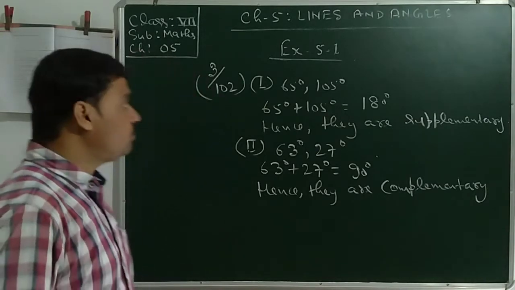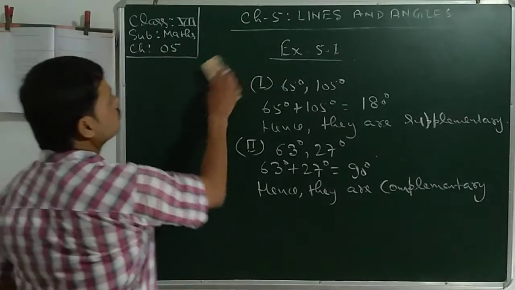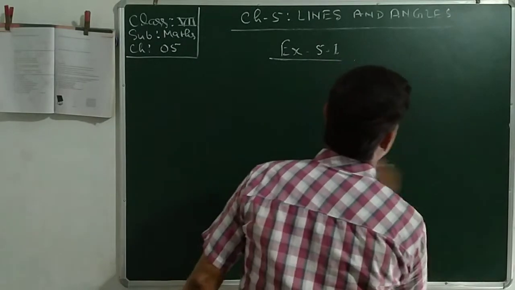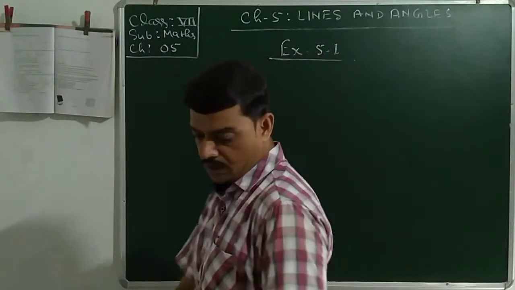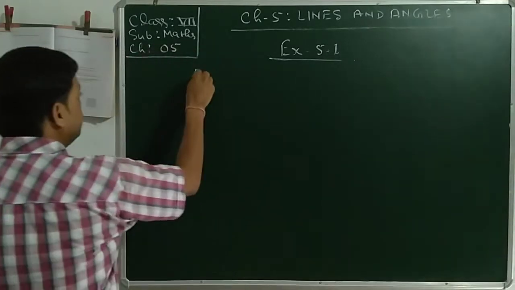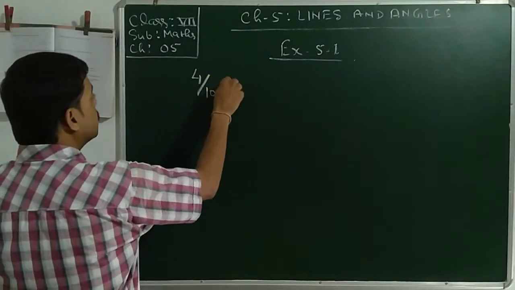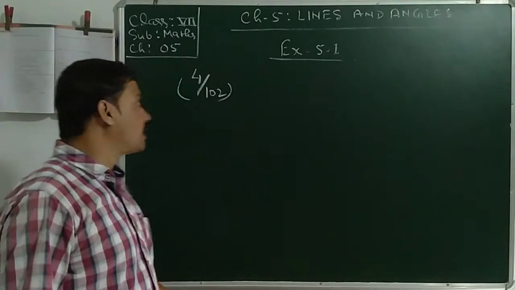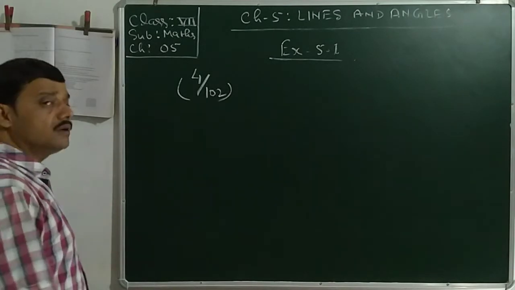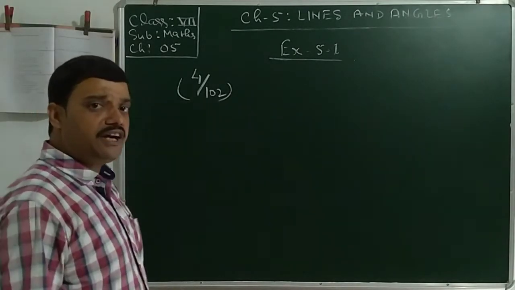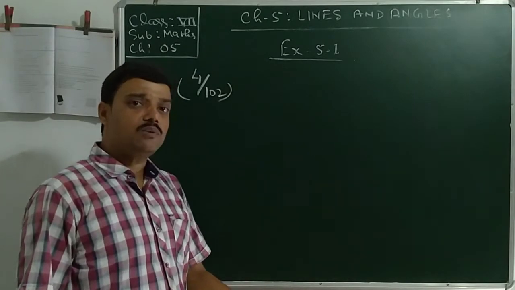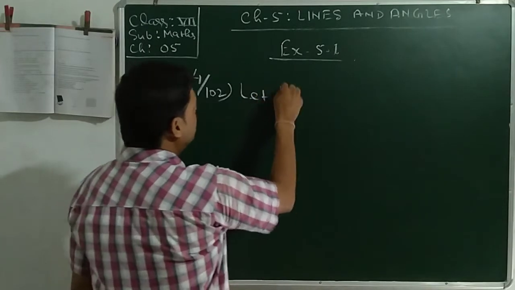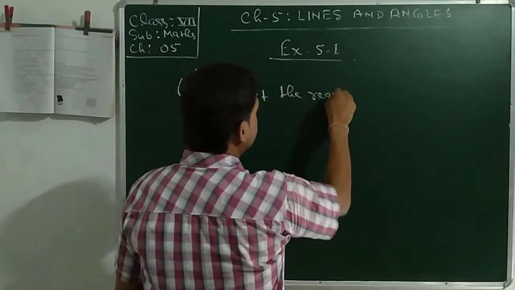Now come to the number 4 sum. In the number 4 sum, find the angle which is equal to its complement. To find the angle which is equal to its complement, we will use the variable x. Let the required angle be x.